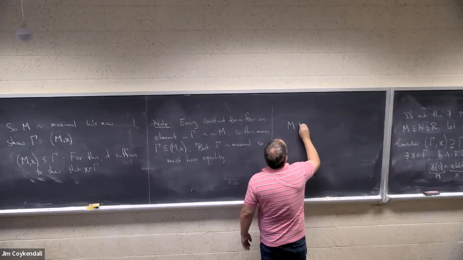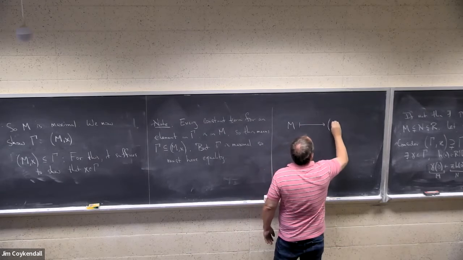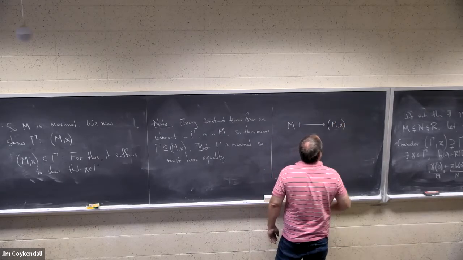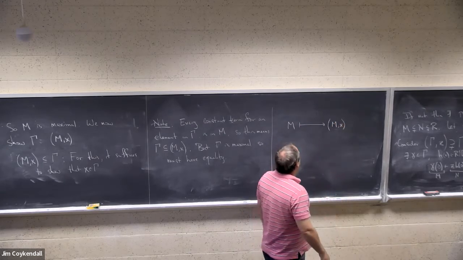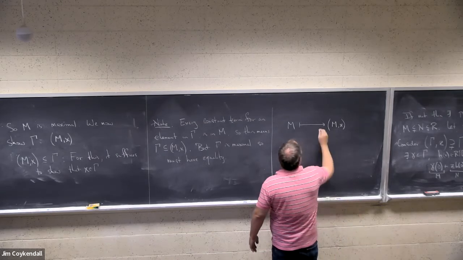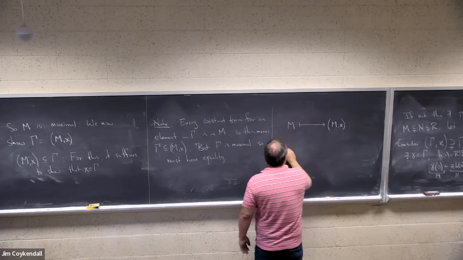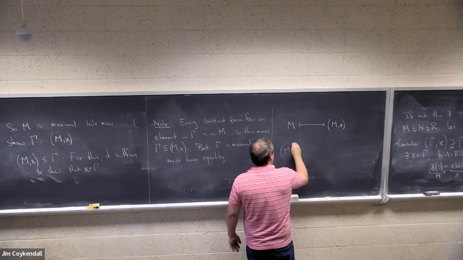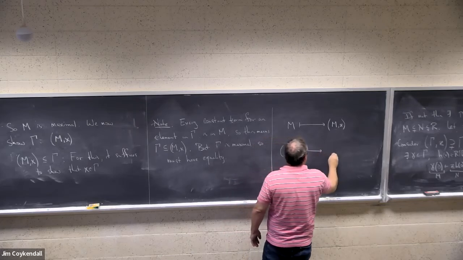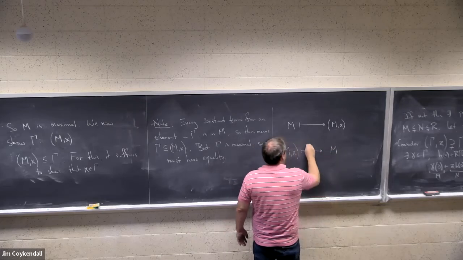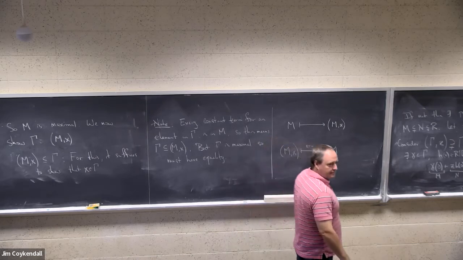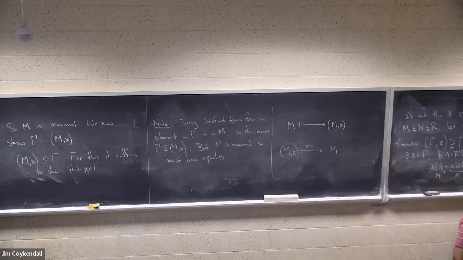So we'll go from maximal ideals of our ring here, and then I'm going to go the other way, M goes to (M, X), and you can do that as well, just by that same homomorphism we use in analysis, right?